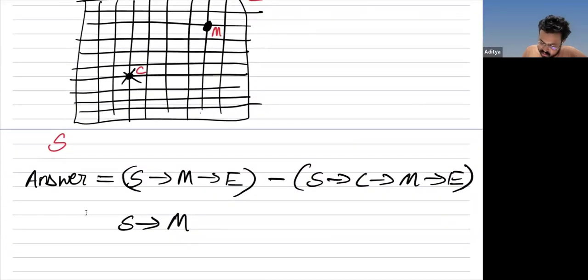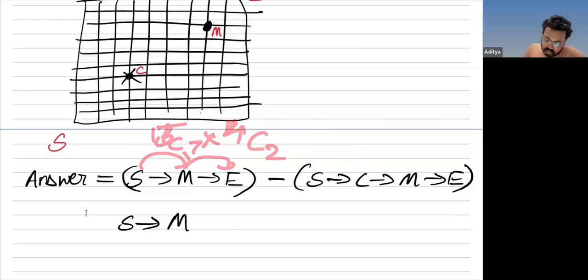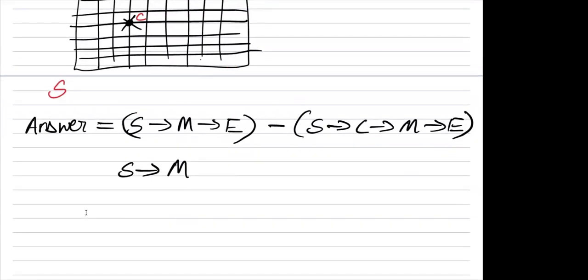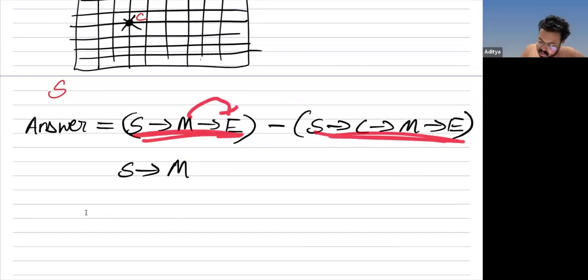I'll explain. Going from start to end through the mandatory point is not directly 19C10, because you will multiply the ways to go from start to the mandatory and then from mandatory to end. So it will become 17C7 times 15C7 multiplied by 4C2. I'll explain. Both of these situations involve going from mandatory to the end, correct?